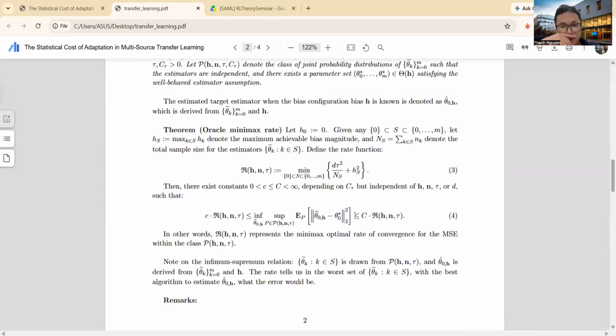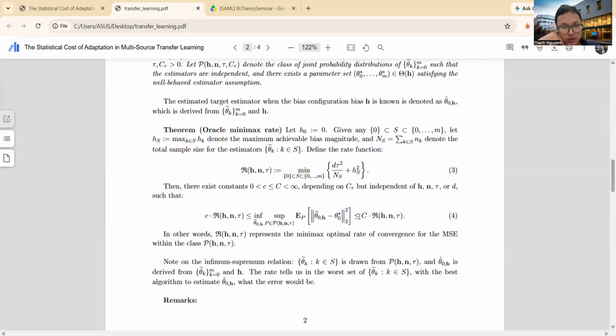But the phenomenon is what we know, right? We just don't know the form. I mean, they find this form, that's amazing, but we know there's some balance between bias and variance when you use data from other sources. That's the whole story, basically, even with what we're doing right now in hybrid and transfer reinforcement learning.